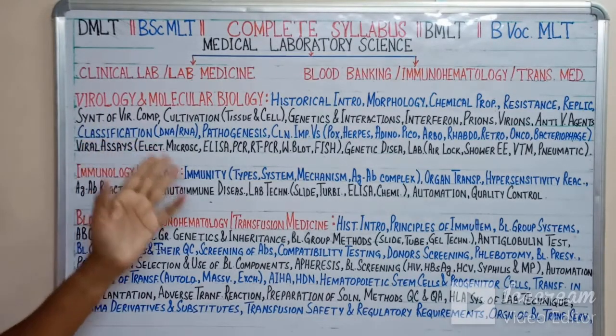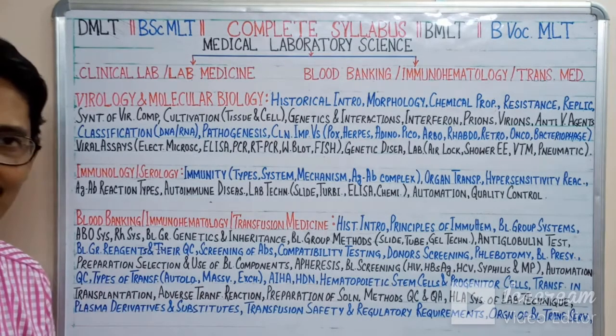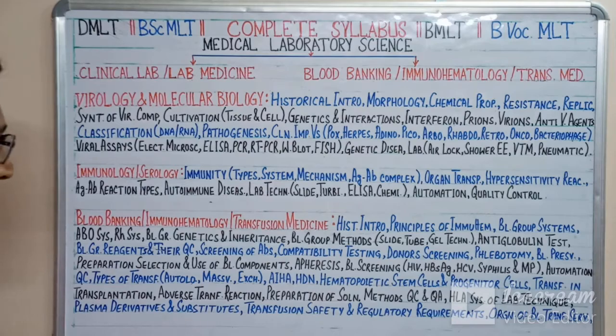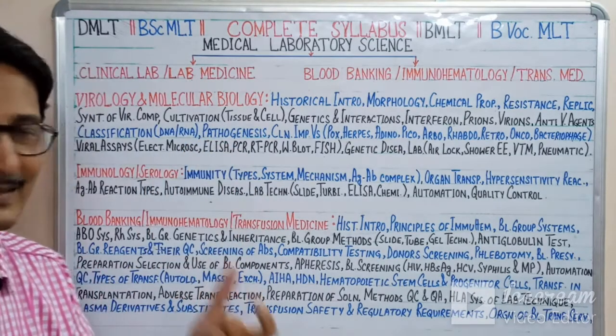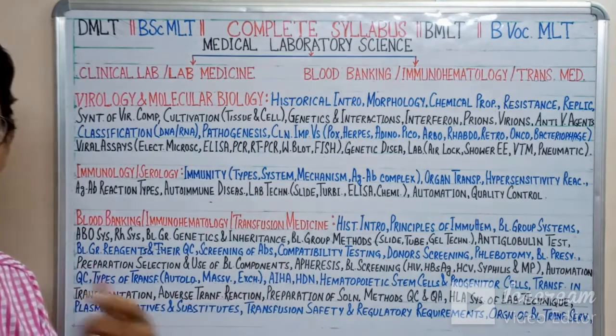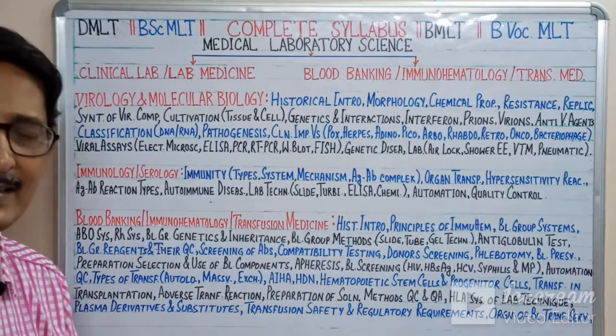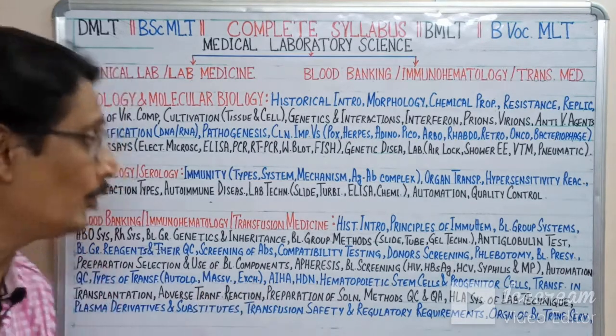The classification of viruses: broadly, viruses are divided into RNA viruses or DNA viruses. Now pathogenesis: patho means disease, and genesis means generation. How a virus produces diseases, and which diseases a virus can produce in humans.